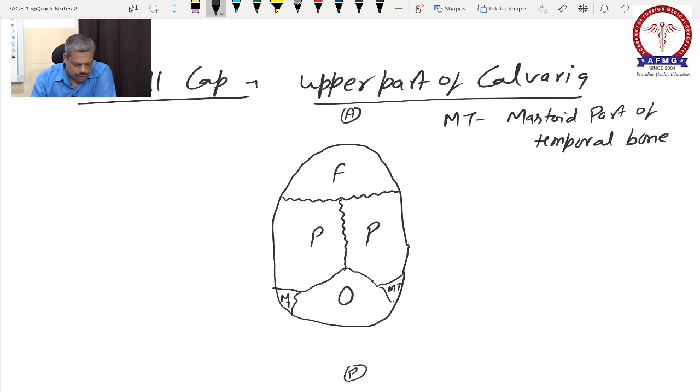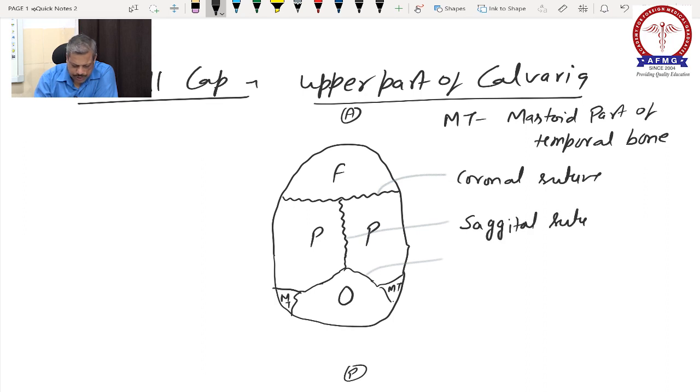Now identify the sutures here. This is the coronal suture. This is the sagittal suture, and this suture is known as the Lambdoid suture.